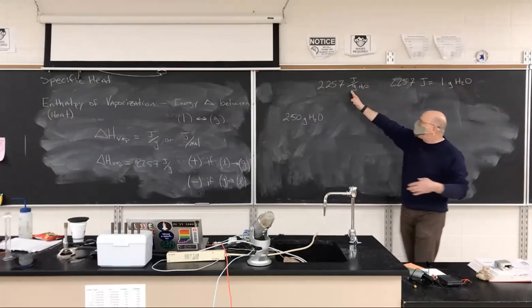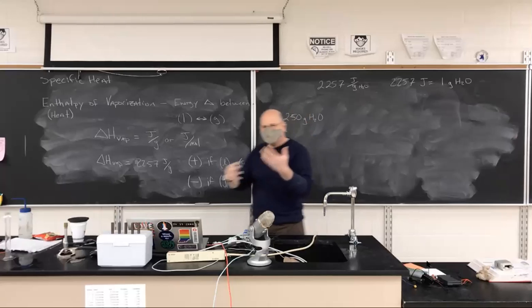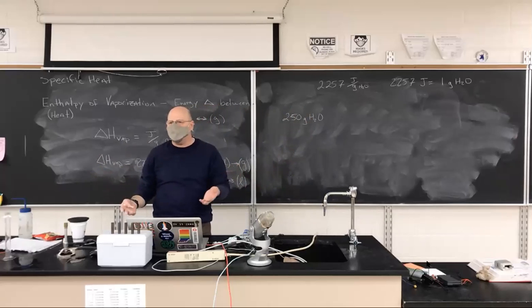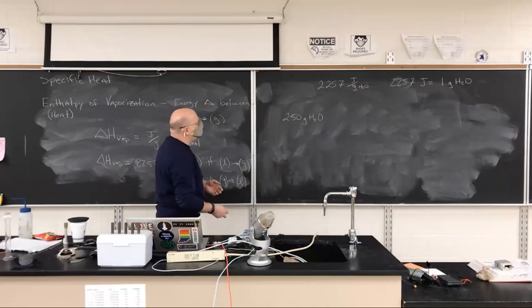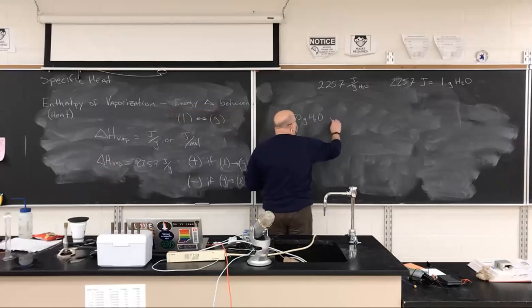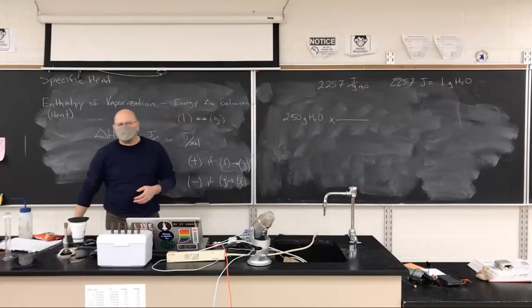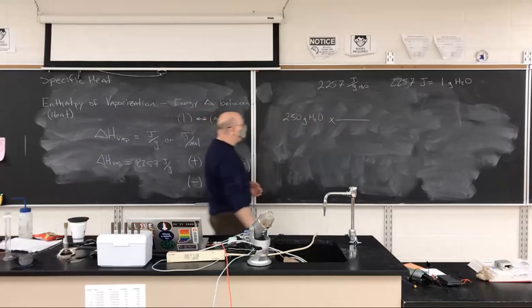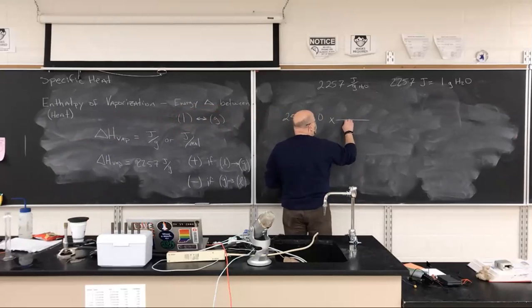Fractions like this, fractional units can be changed into a conversion factor. We saw this at the beginning of the year. So if I want to find out how much energy it took or would take to change that 250 grams from a liquid into a gas, I'd have on bottom 1 gram, and on top I would have 2,257 joules.